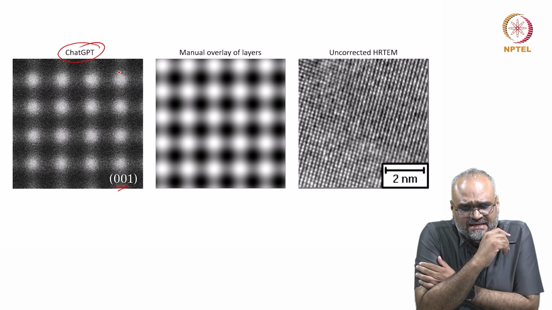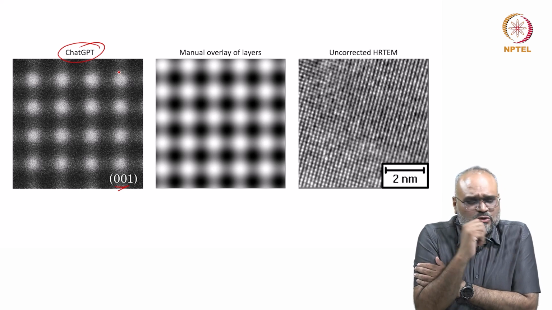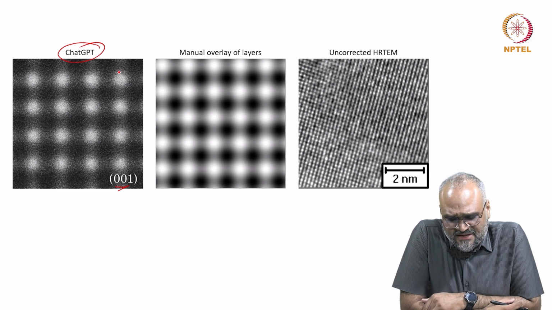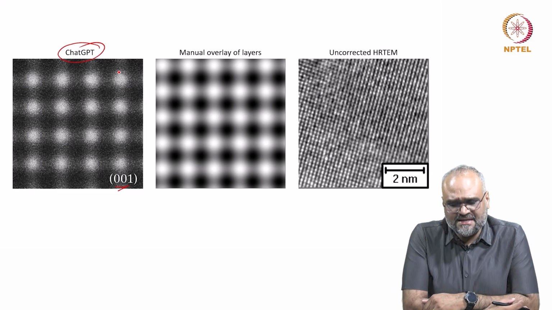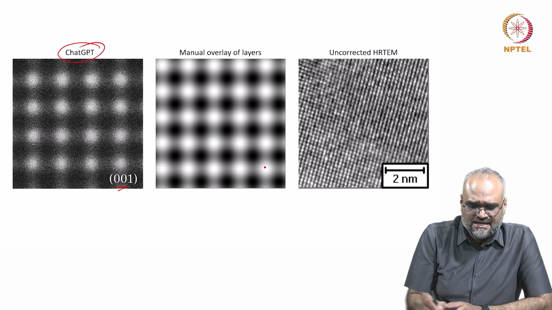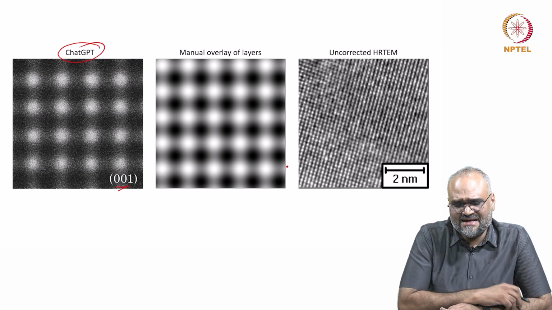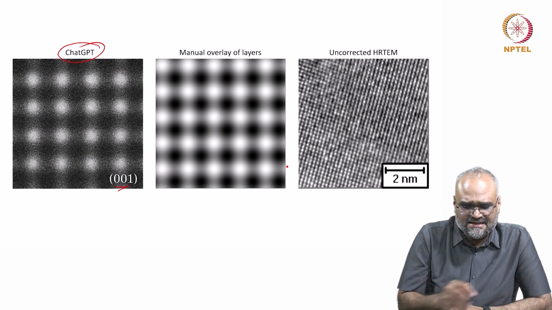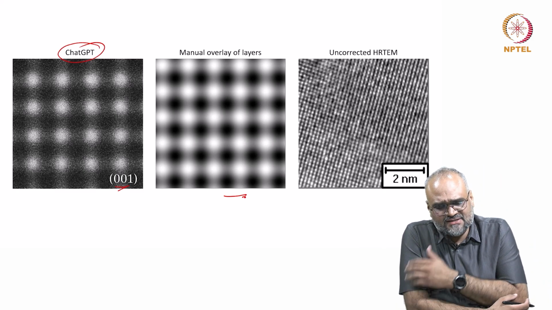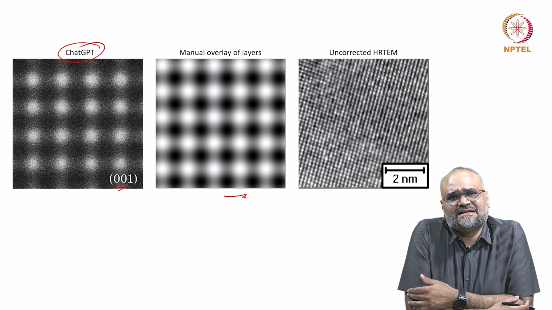Now, the same thing, if I take two layers of aluminum atoms and if I build an image of this, and if we have an overlay of layers, you should see some kind of a variation in the intensity like this, a simulated image of overlaid layers of aluminum to get a certain thickness.